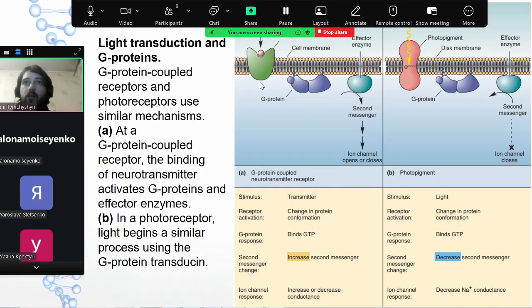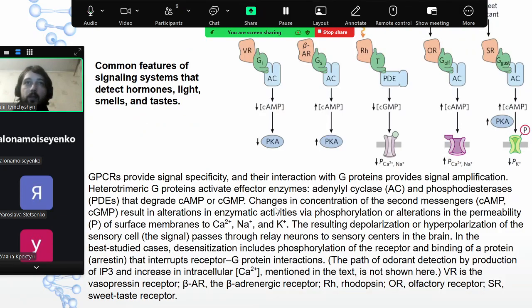In the case of a neurotransmitter, we have an increase in second messenger, which then leads to a certain ion channel response. In the case of rhodopsin, we have a decrease in second messenger, and that leads to closure of the sodium channels and a decrease in sodium conductance.